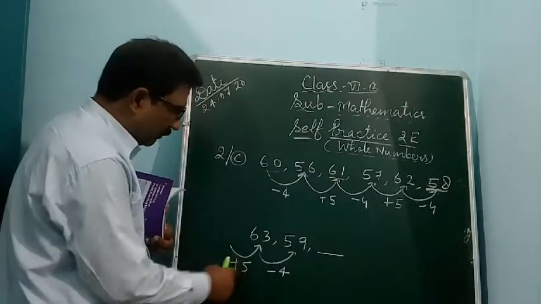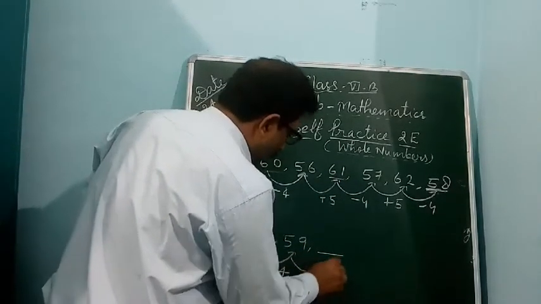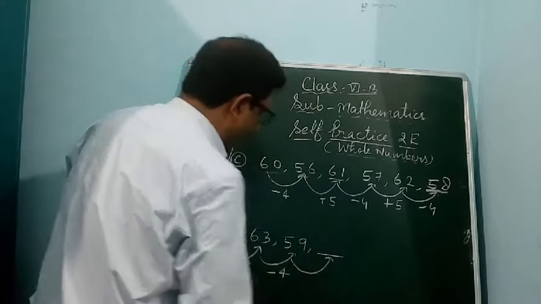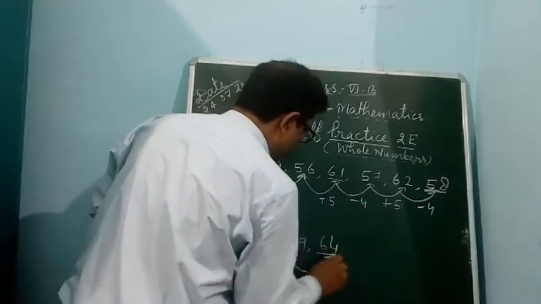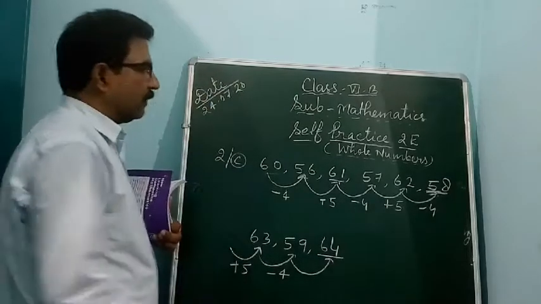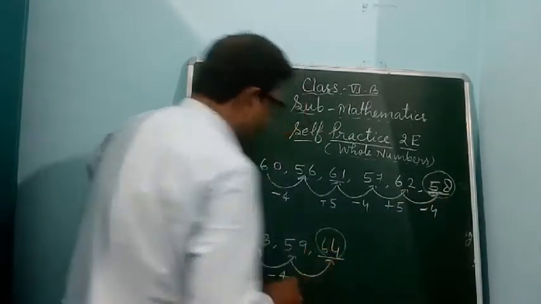Next term you must find out. Again you follow this pattern: 59 plus 5 is 64. Dear students, the two gaps are filled with 58 and 64.